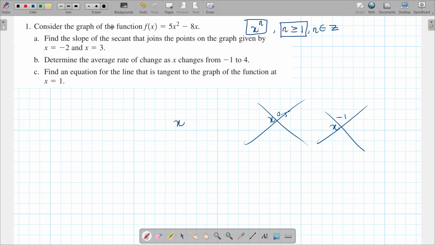In fact, it can also be equal to 0. So let me just put this 0. X to the power of 0 is a 1. This is a polynomial. If you want to graph that, it looks like this. Y equals 1. Goes through the y value of 1. So it has to be greater than or equal to 0 and has to be a whole number. Z there means an integer, which means it has to be a whole number. So x squared, x cubed, x to the fourth, yada yada. Those are all polynomial functions.